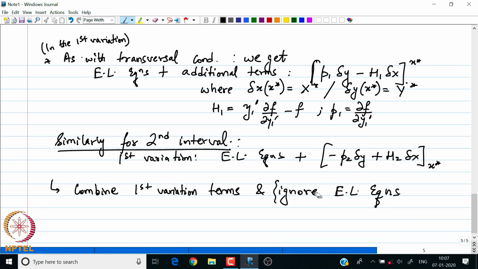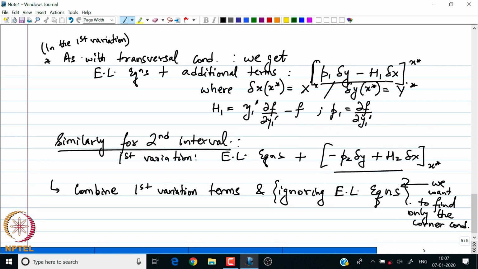Ignoring the Euler-Lagrange equations is done because we want to find only the corner conditions, right. The Euler-Lagrange equations are very well satisfied for smooth extremals, but at the corner it is these two extra terms that will give us the necessary condition, right.